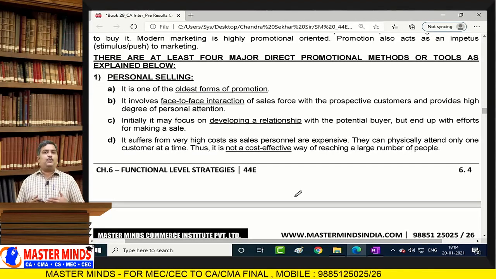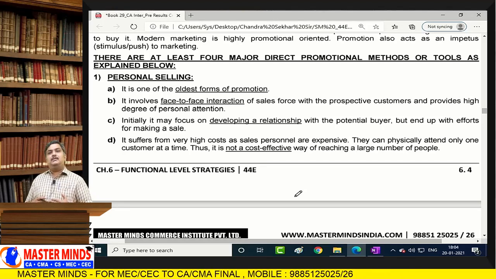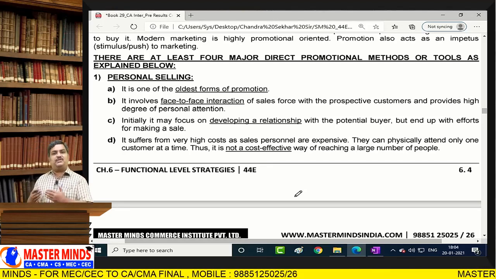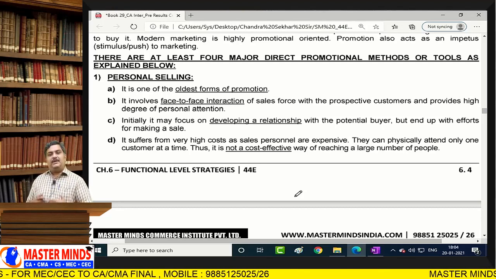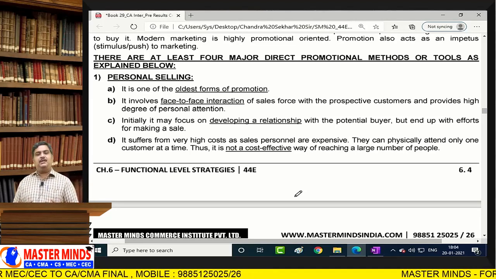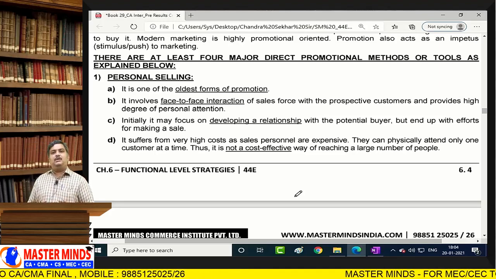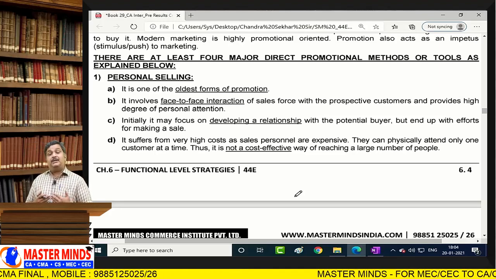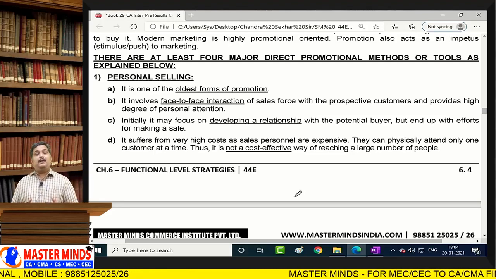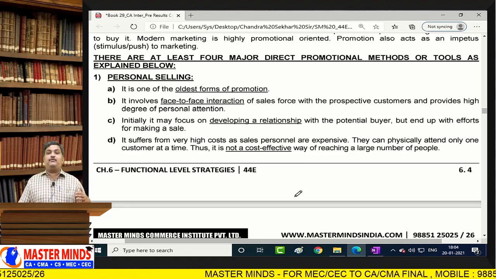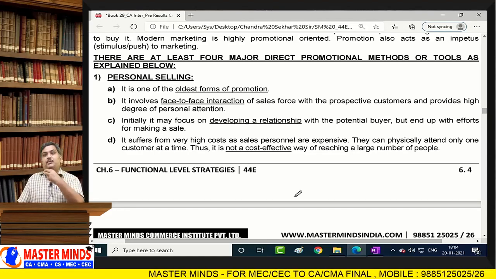In personal selling, we appoint salesmen who go to the prospective customer, talk to them face to face in oral communication, communicate about our product and make the customer purchase it. But this is a very expensive method because you need to recruit many sales personnel and pay them a lot of salaries, and the outreach is very small.